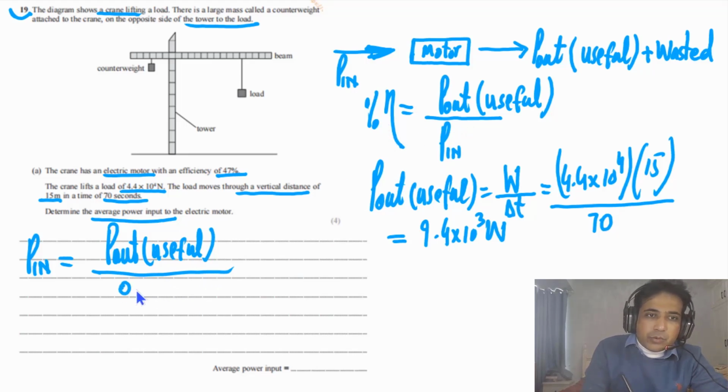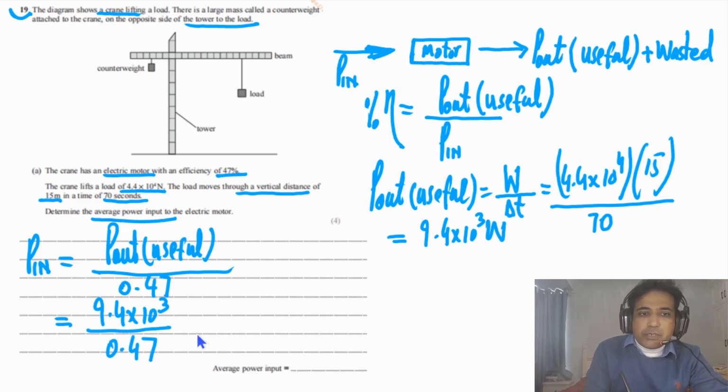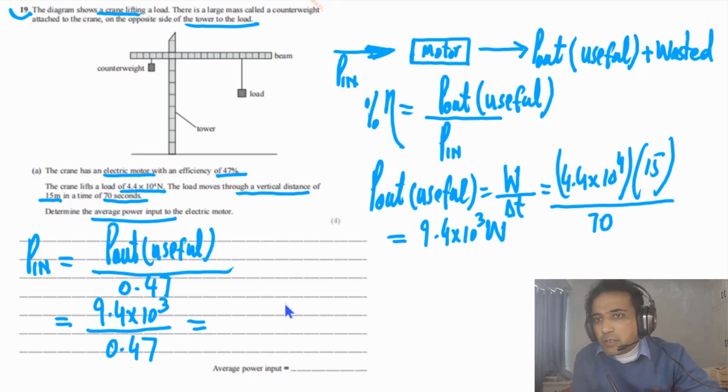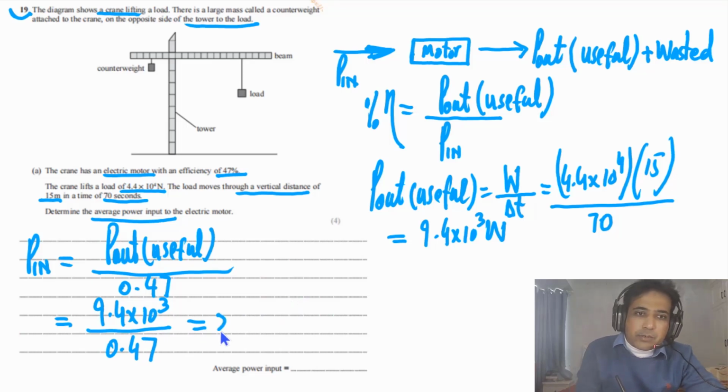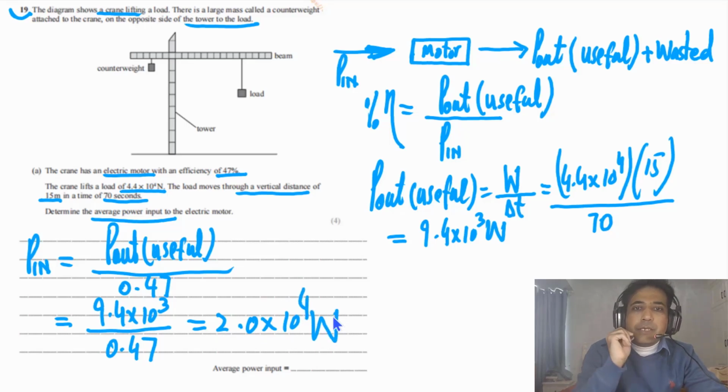So this will be equal to 0.47. So we have P out, that is 9.4 times 10 to 3 divided by 0.47. If we solve this, we will get 2.0 times 10 to 4 watts. So this is the P in.